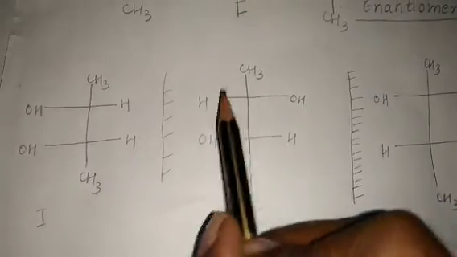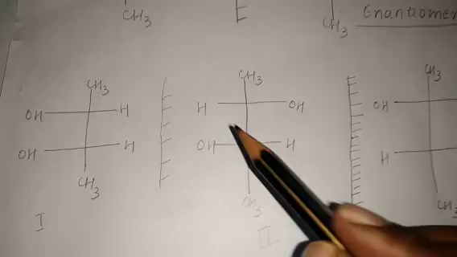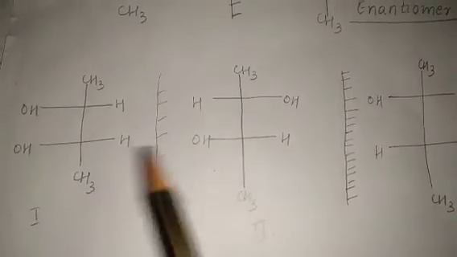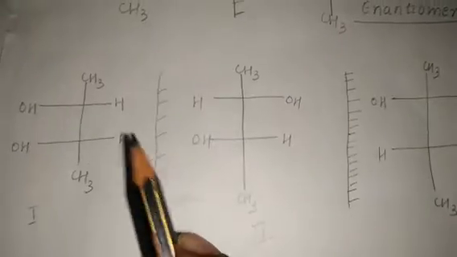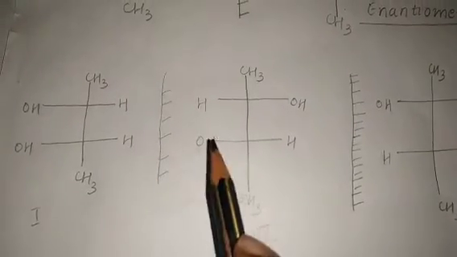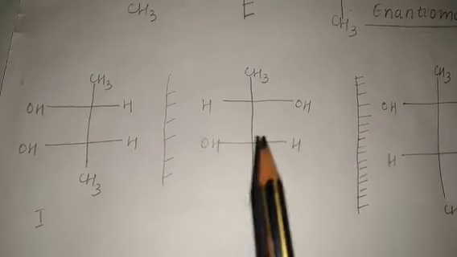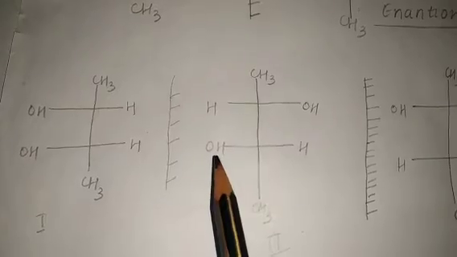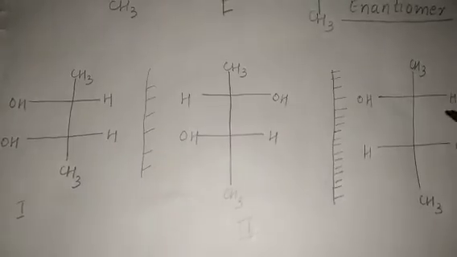The upper part of the molecule will show the mirror image, but the lower portion is the same, so it won't show. If we impose it, the mirror image is not formed. The H should have been here and the OH should have been here, then it could have been easily superimposed.